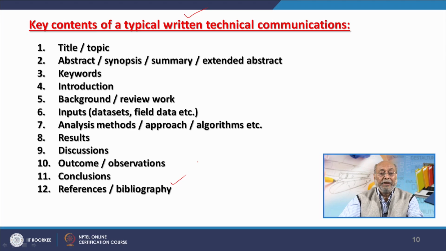But if I am writing a manuscript for a journal, then I will not use a bibliography, I will be using references. When the discussion comes to references and bibliography, we will discuss the differences and how they are written. And finally comes the acknowledgement.